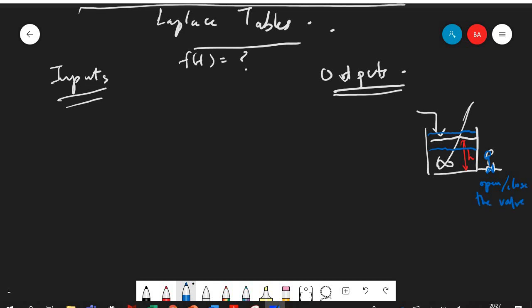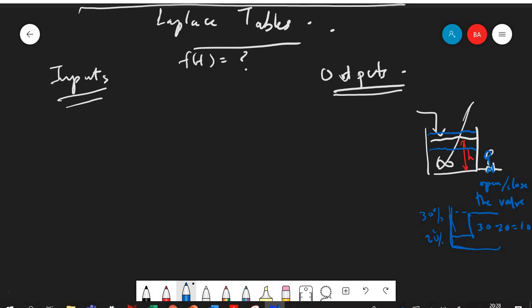is like taking it from a certain position to another position. So if the valve was 20% open, for example, and you open the valve to a new position, which could be 30% open, we call this a step input. A step input is represented as a number that goes from one position to another. How much did it jump? It jumped by 10: 30 minus 20 is equal to 10.